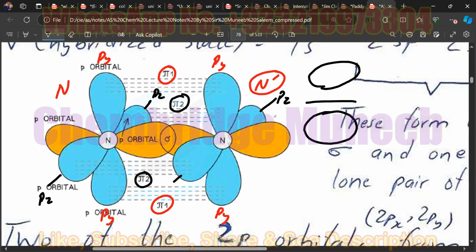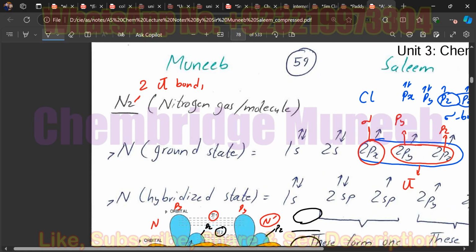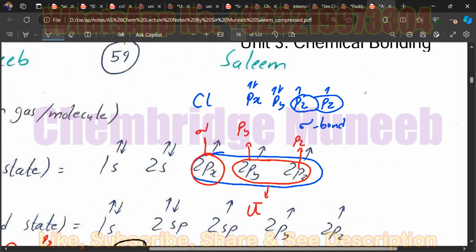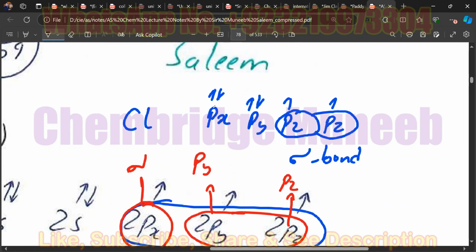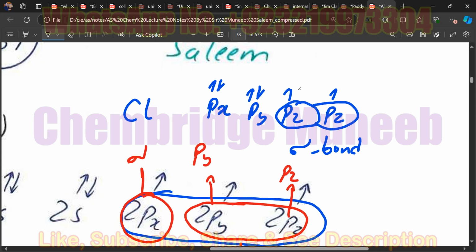So as I told you before, chlorine has just one half filled p orbital. This half filled p orbital will combine with the pz orbital of the other chlorine atom through the sigma bond, not the pi bond. Is that clear now? There's a sigma bond, by the way.